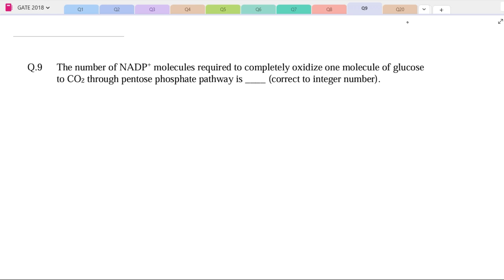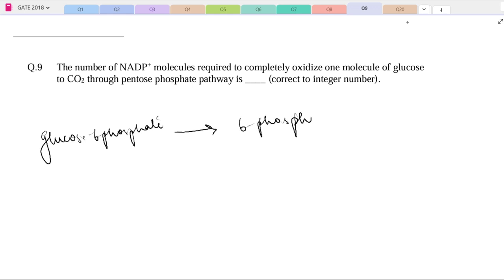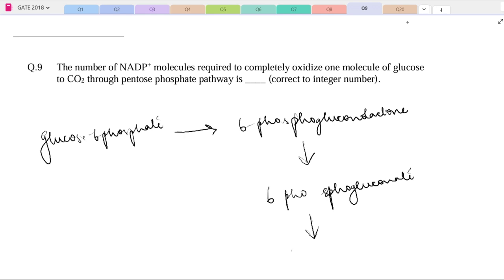In the pentose phosphate pathway, in the oxidative phase, you will have glucose 6-phosphate getting converted to 6-phosphogluconolactone, and this gets converted to 6-phosphogluconate, and this ultimately gets converted to ribulose 5-phosphate, which is involved in nucleotide synthesis.